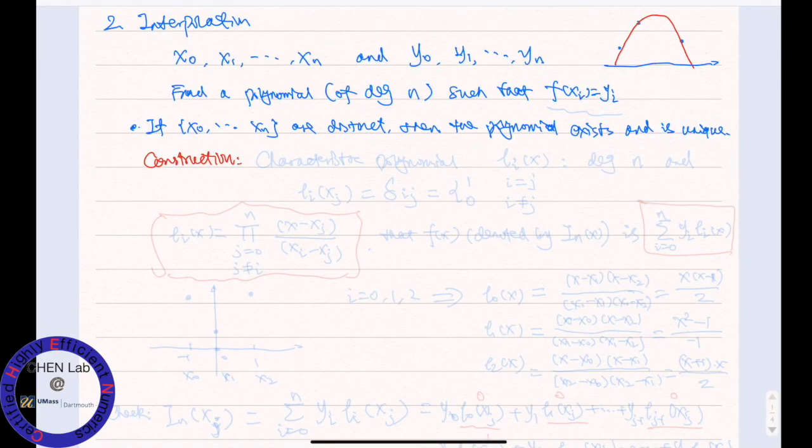To construct it, an important tool that is very general is the so-called characteristic polynomial, which we write as Li of x, a function of x.